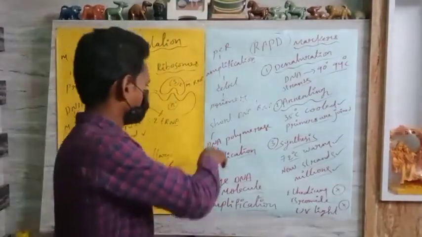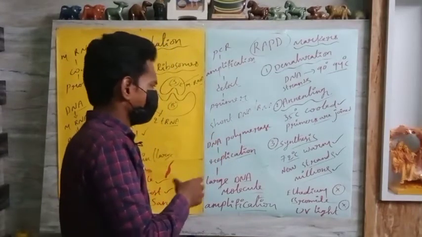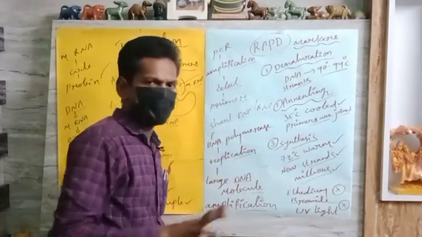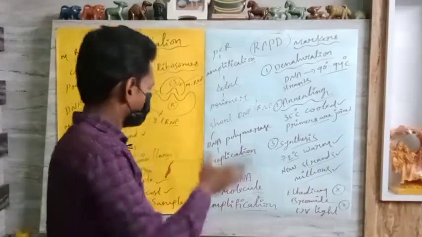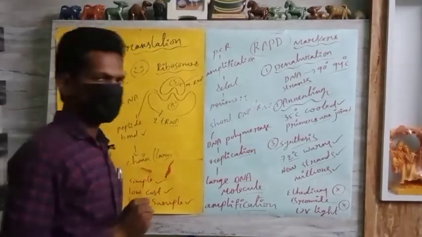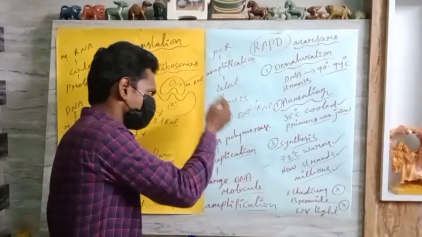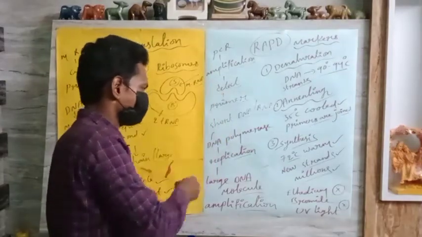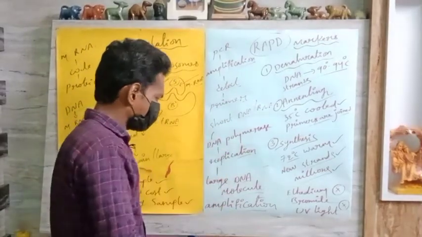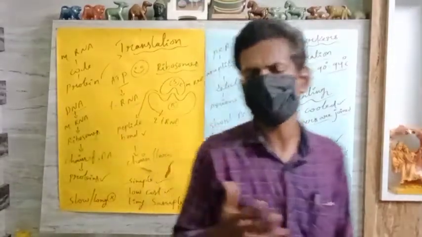With the help of DNA polymerase, the DNA sample which is collected or found somewhere by the experts undergoes replication. After replication of the short DNA, the primer, with the help of DNA polymerase, it is finally replicated into a large DNA molecule, that is known as amplification.